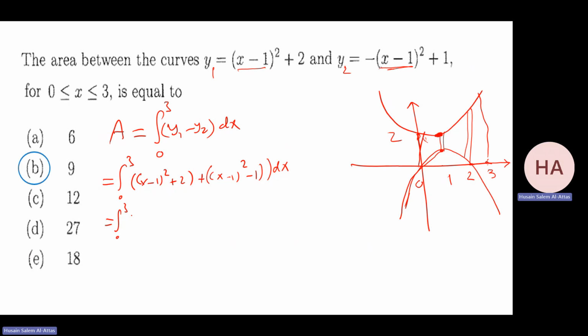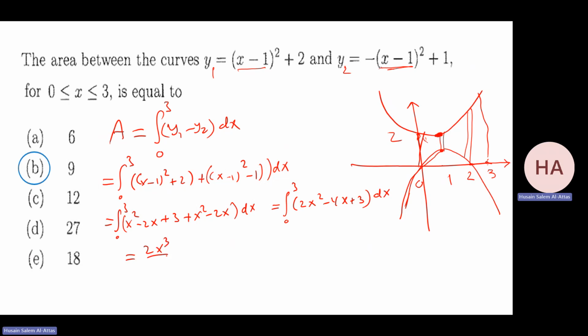Let me open the square: x squared minus 2x plus 3, plus x squared minus 2x plus 1 minus 1, gone. Then it gives me the integral from 0 to 3 of 2x squared minus 4x plus 3 dx.